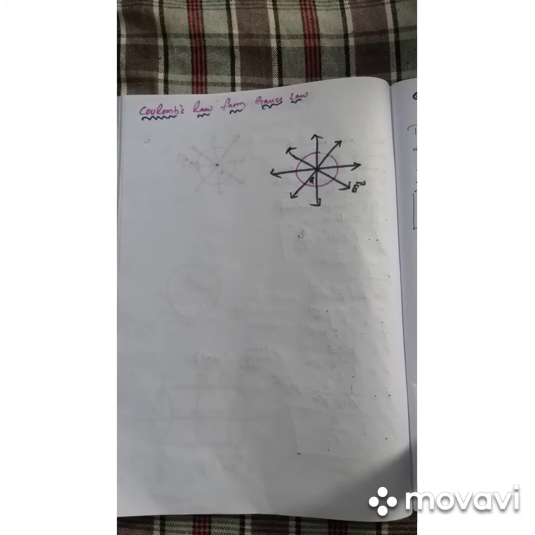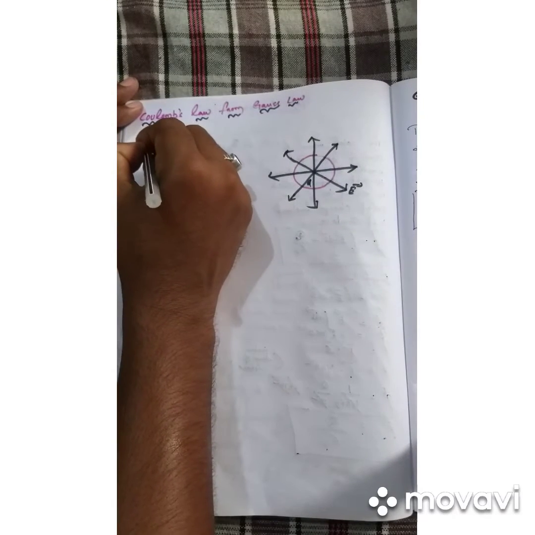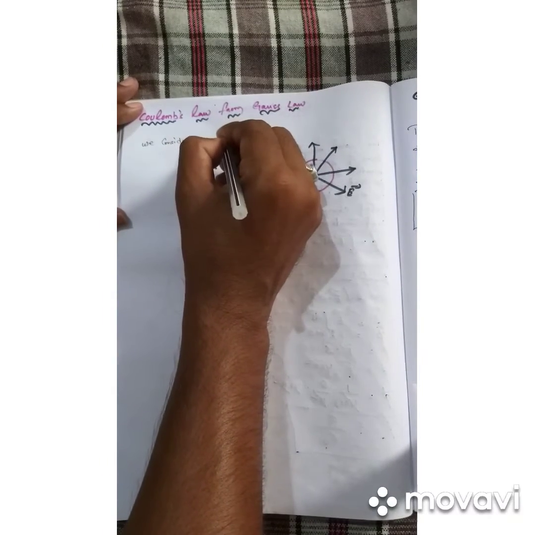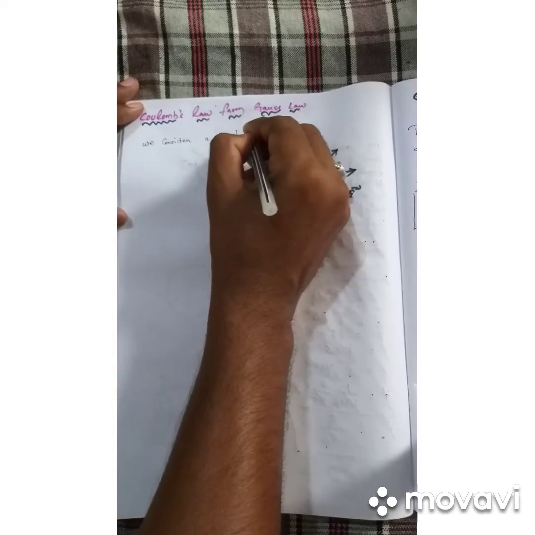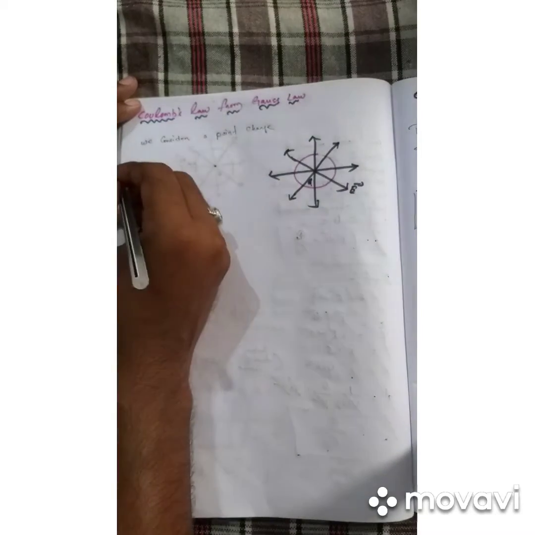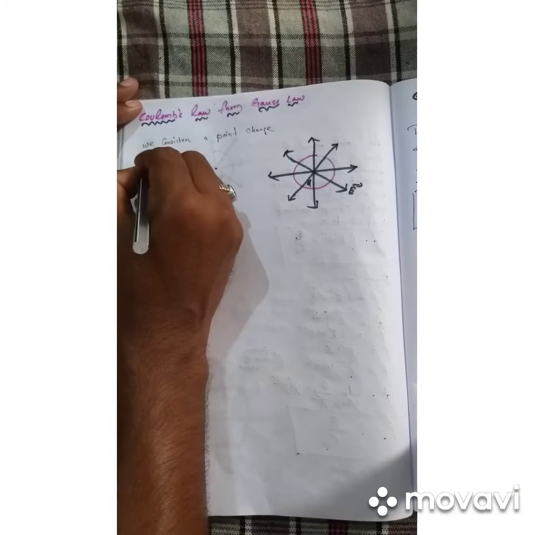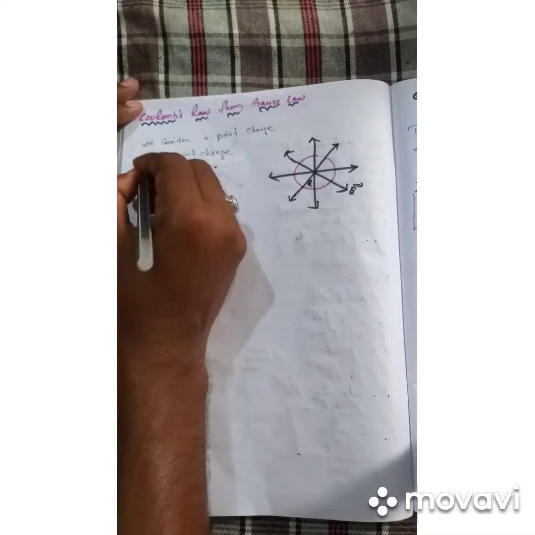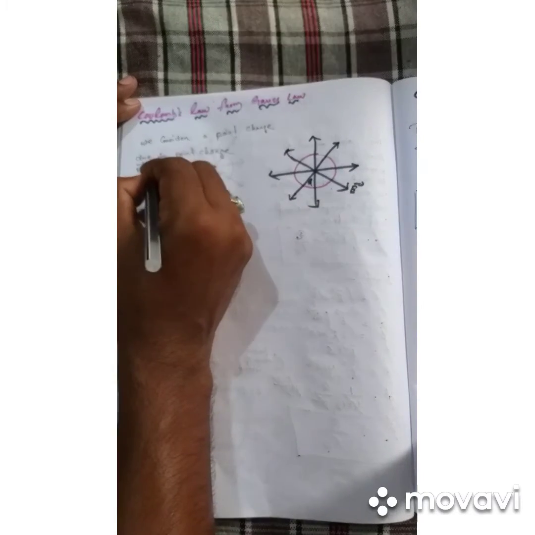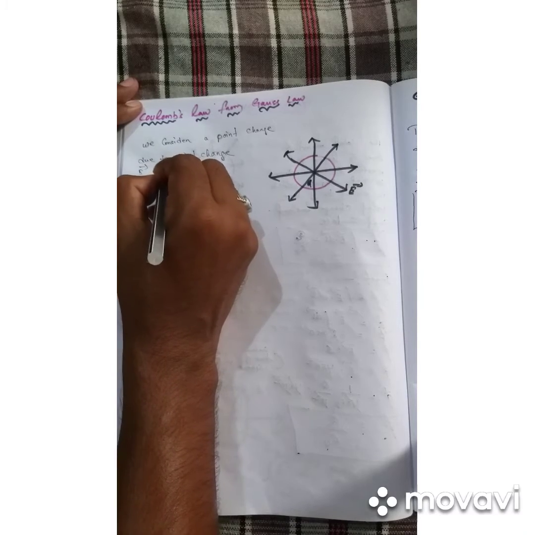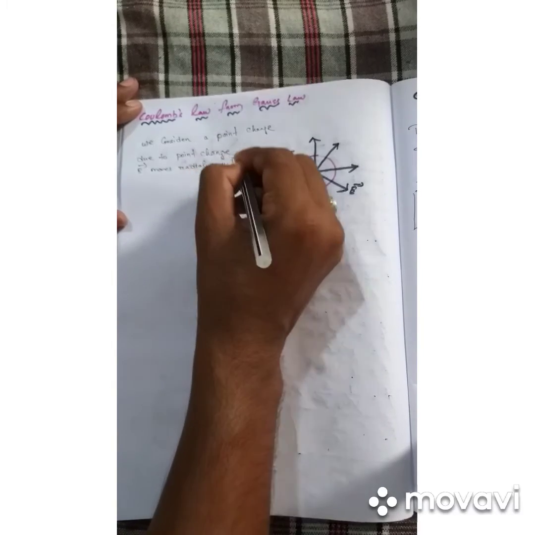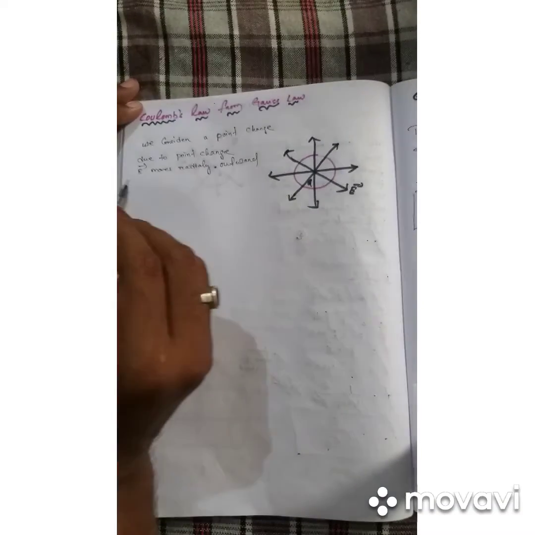Second thing is Coulomb's law from Gauss law. We consider a point charge. Due to the point charge, the electric field intensity moves radially outward, because the point charge behaves as a positive charge.